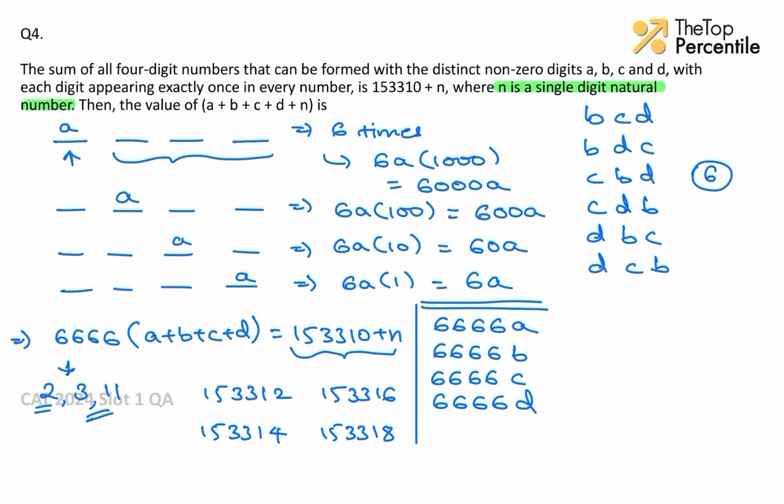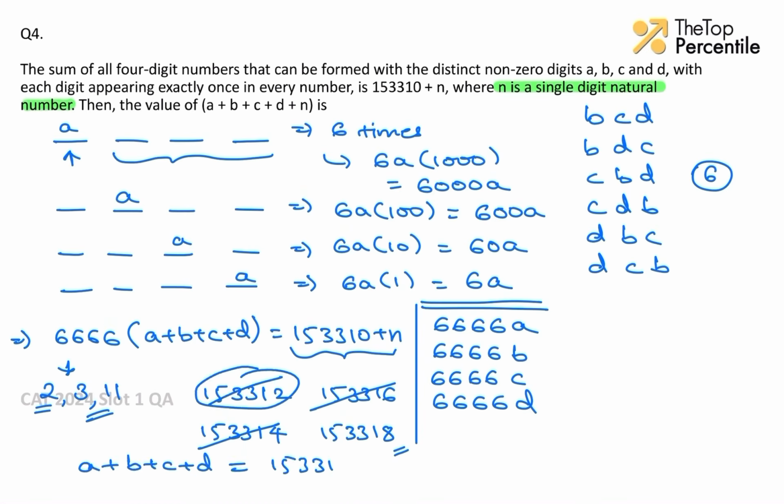So if you look at the first case, it is a multiple of 3, so we'll keep it. 153314 is not a multiple of 3, so this will go. 153316 is also not a multiple of 3, this will go. 153318 is a multiple of 3, so this will stay. Now let's take another factor, which is 11. So we can figure out that this is a multiple of 11 and this is not.